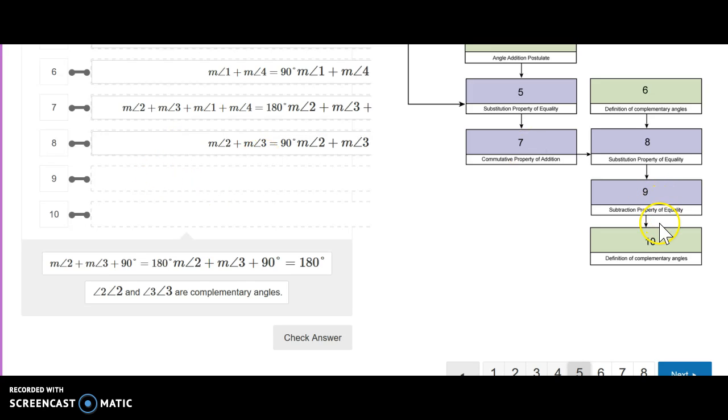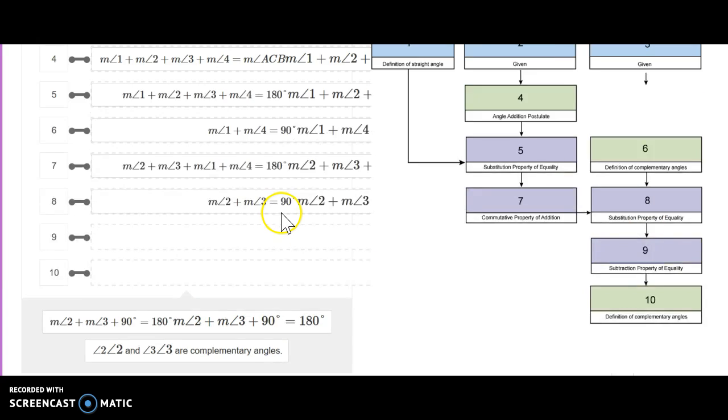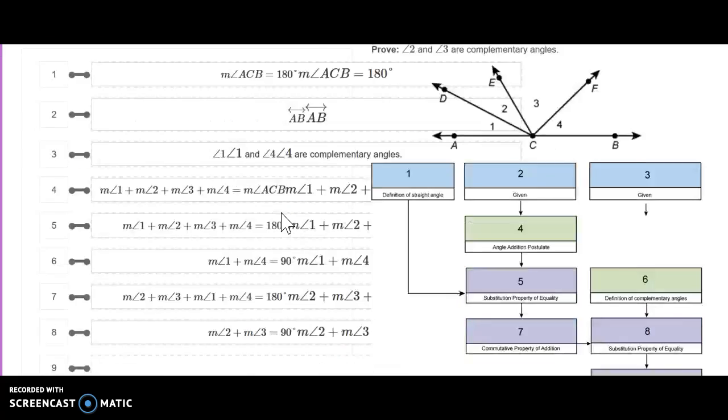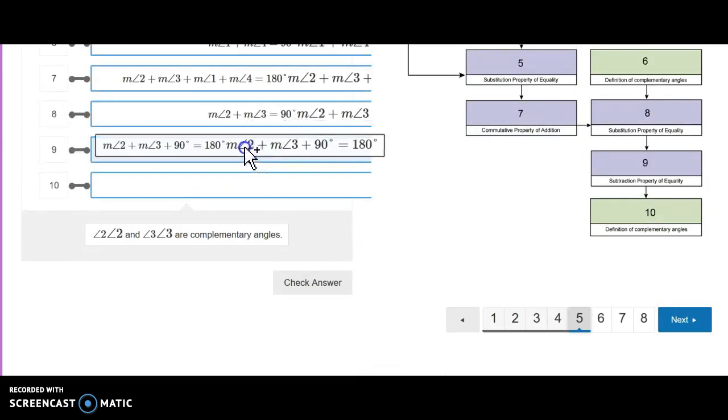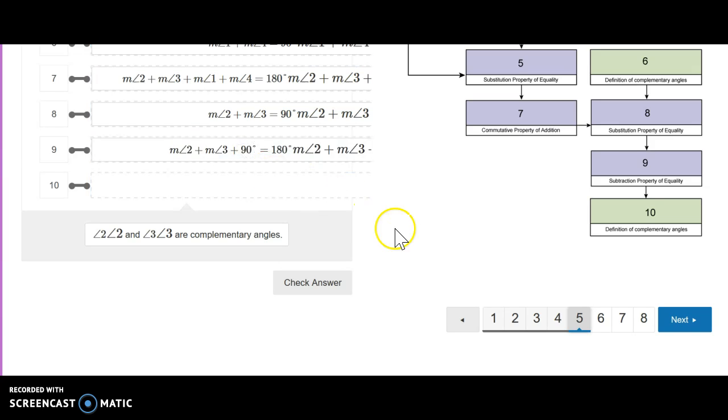Now we're looking at 9. Again, substitution. Oh, subtraction problem. I was like, that is not substitution.